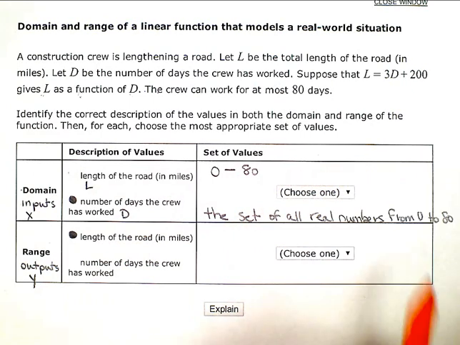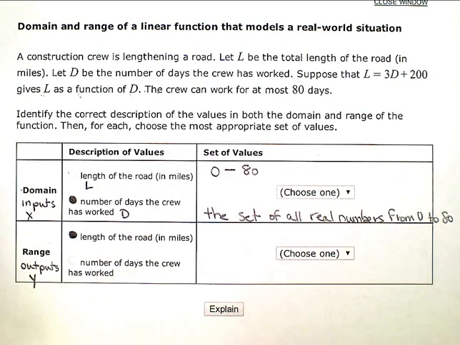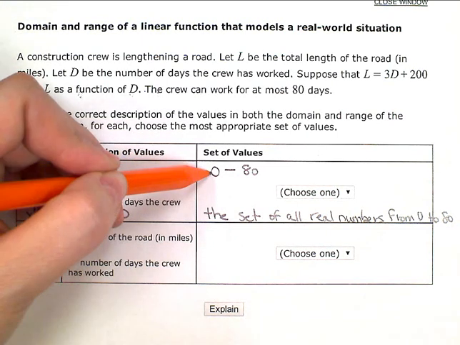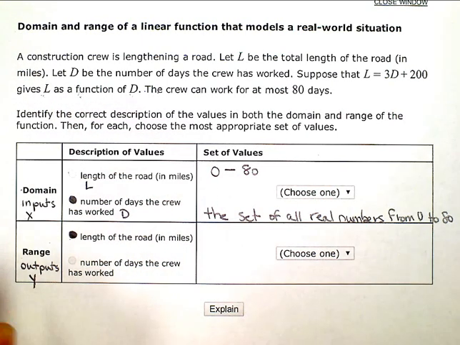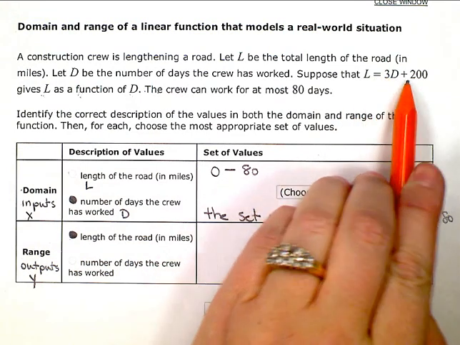Because I can work 0 days at a minimum, 80 days at the maximum, and anywhere in between, including partial days. So I have all real numbers. Now, I need to figure out my range. So if I work for 0 days, I have my equation here, L equals 3D plus 200.